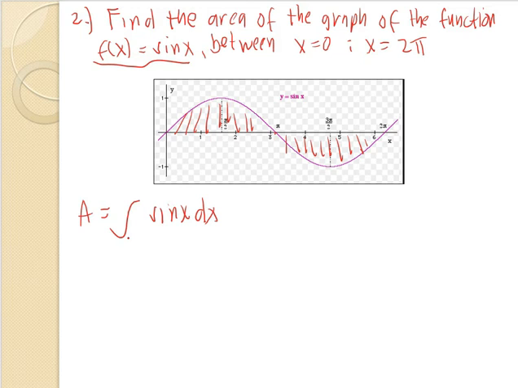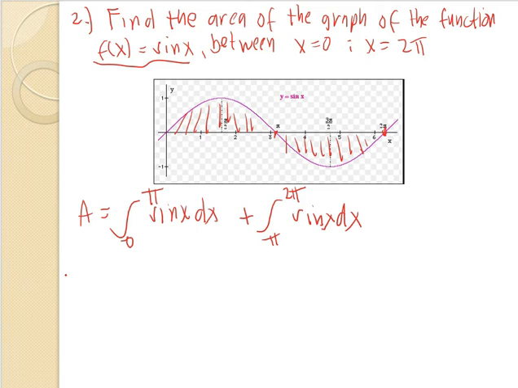So, to be evaluated from 0 to pi. Plus, yung pangalawa nating plane area is the integral of sine x dx to be evaluated from pi, which is the lower limit, and the upper limit is 2 pi. Ito naman yun.